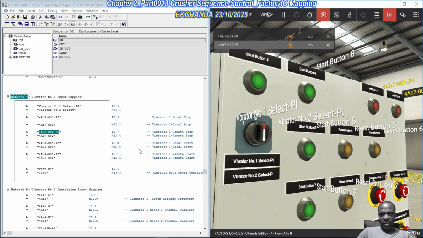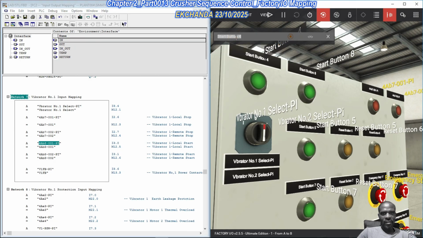And then we have the local start and remote start. So local start is this symbolic name. We need to come here as the local start, then this other address for the remote start, okay.